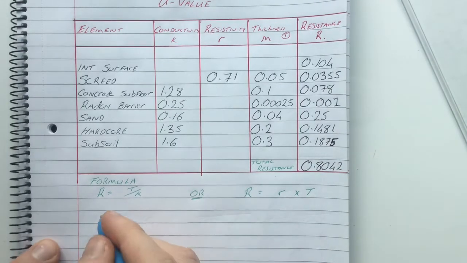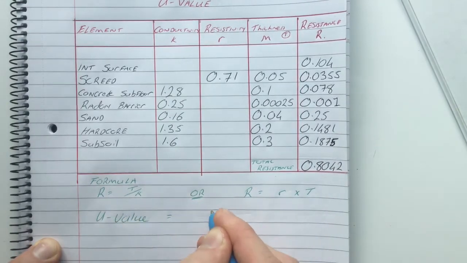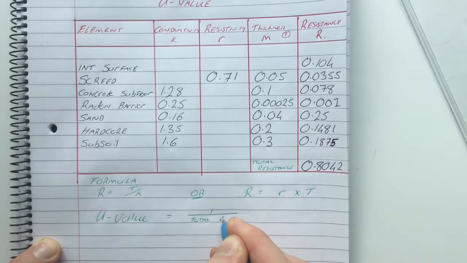All the resistances are added together to give me a total resistance. Be careful when inputting them into the calculator not to make a mistake.